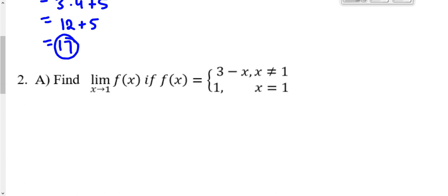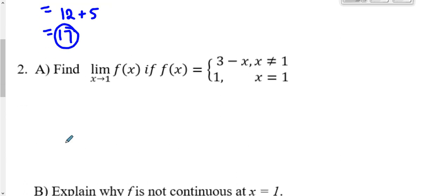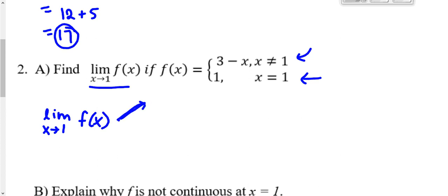For this next problem, we have a piecewise function, and it has 2 parts. The first part says find the limit as x approaches 1 of f of x. Remember, when we're finding a limit of a piecewise function, we have to split that up into 2 parts, each sided limit separately: the limit as x approaches 1 from the left, and the limit as x approaches 1 from the right of our function.